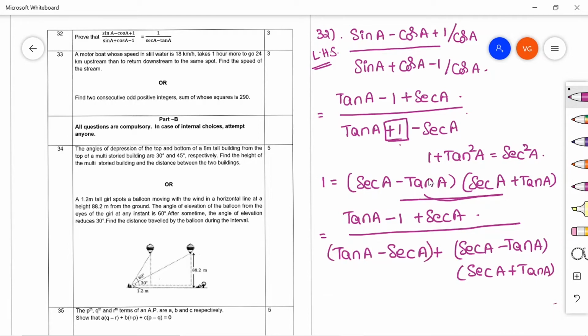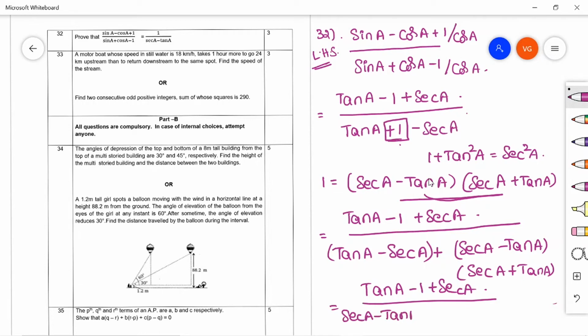So now let us take what we need, secant A minus tan A, in the denominator as common. So I am taking secant A minus tan A.